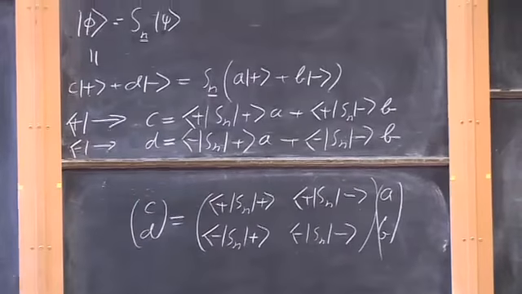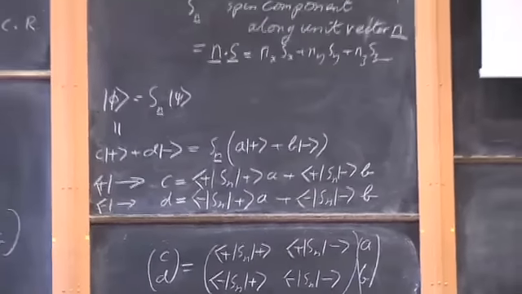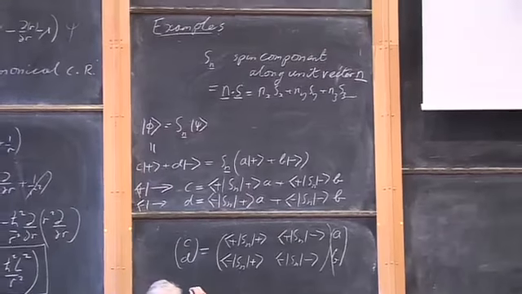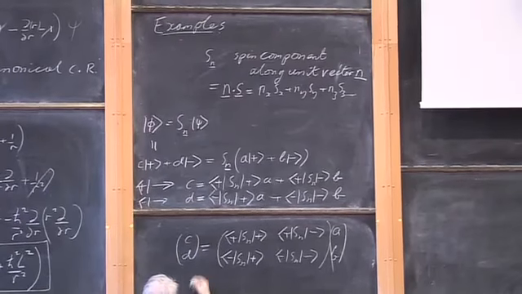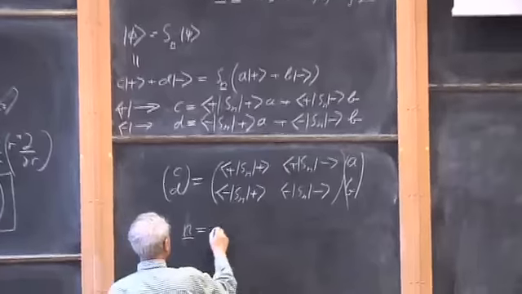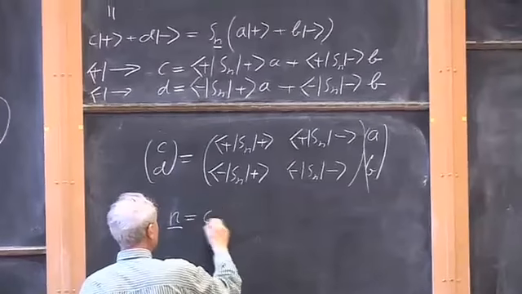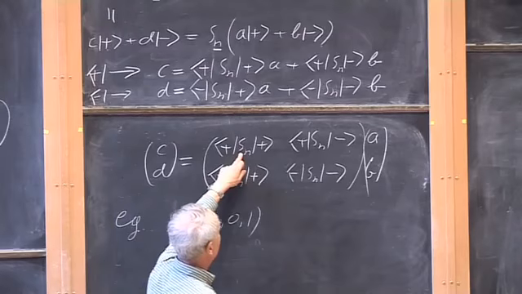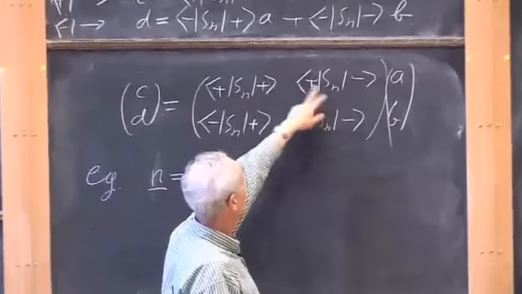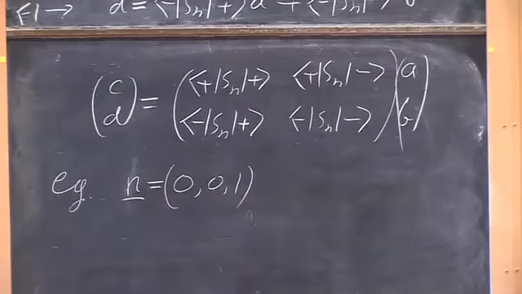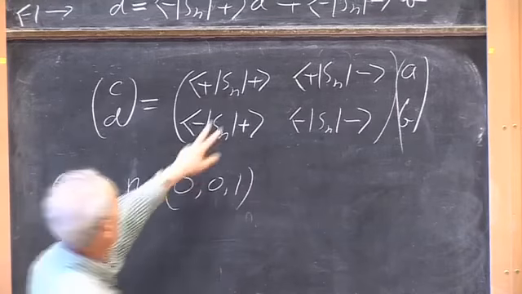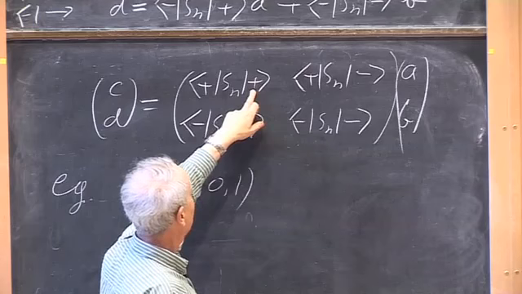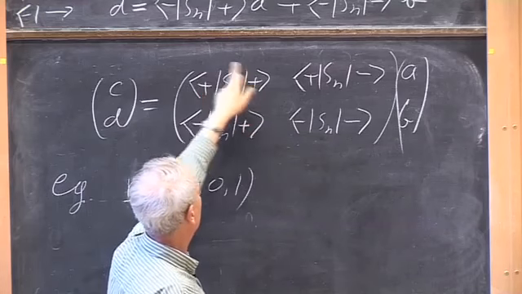So, for example, suppose we take, just got time to do this, suppose we take n is equal to 0, 0, 1. Then this becomes Sz, all these Sn's become Sz's. And then Sz on plus is a half of plus, so this number evaluates to a half.